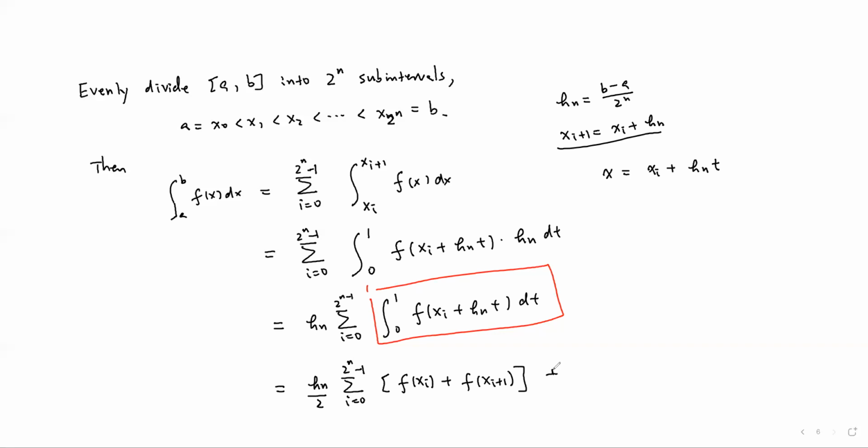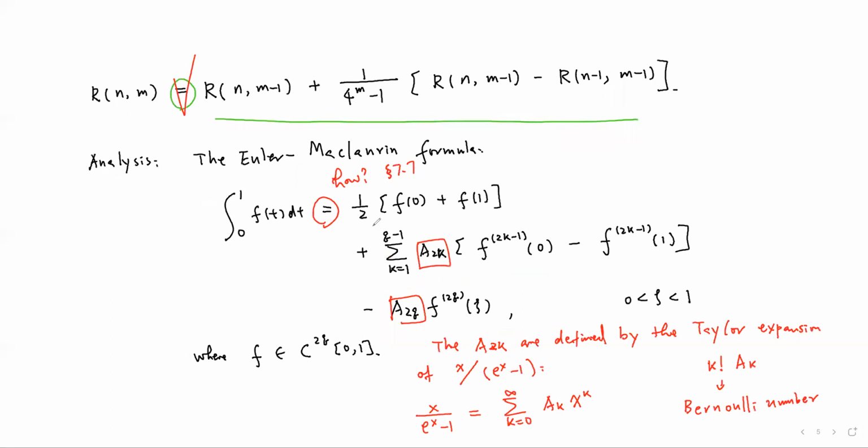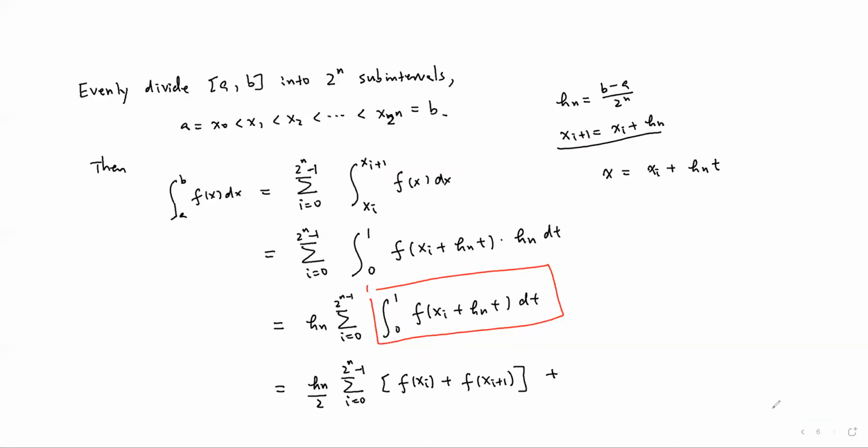Then plus, from the Euler formula, this sum: summation k from 1 to q minus 1, a_{2k} h_n^{2k}.